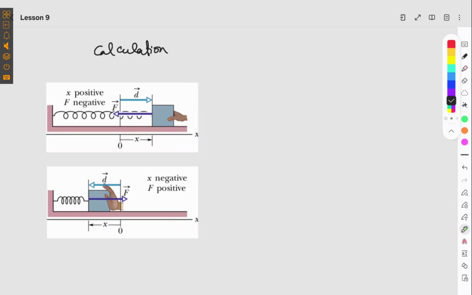Okay, let me just show you. Let's see if we can find a spring force animation, and Hooke's law.